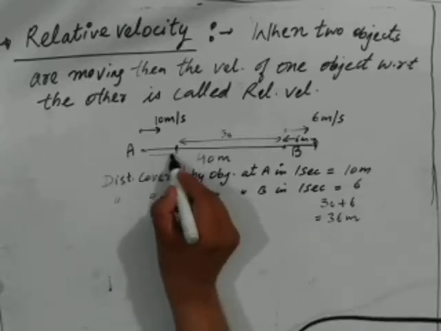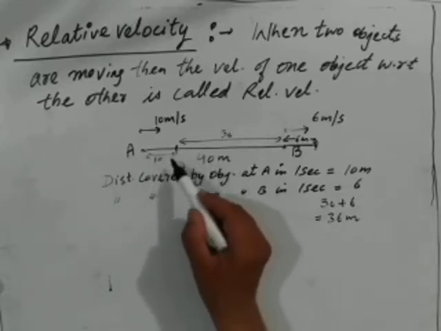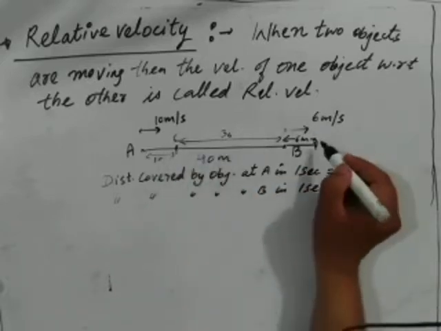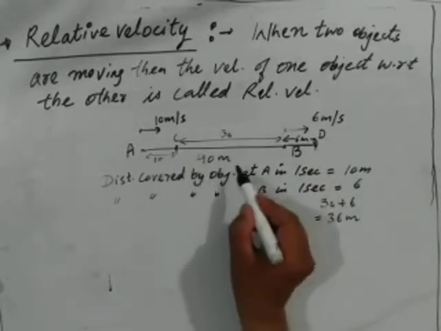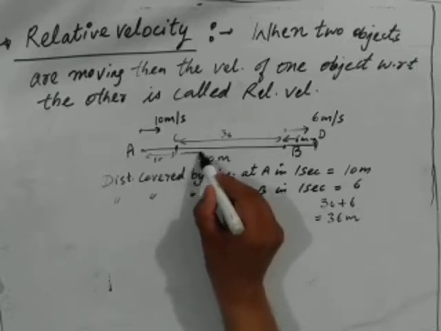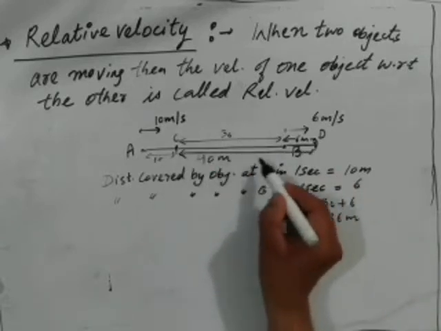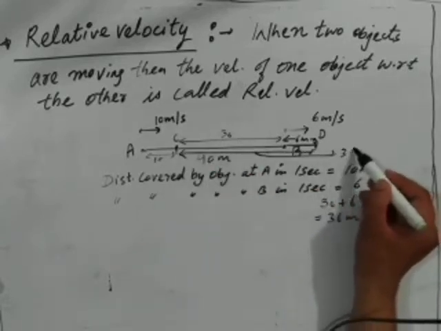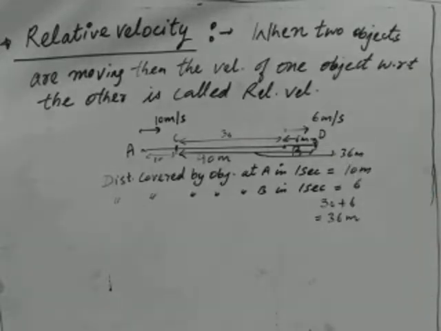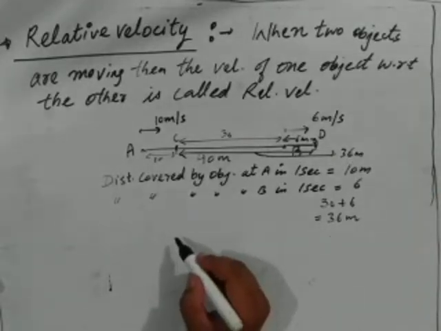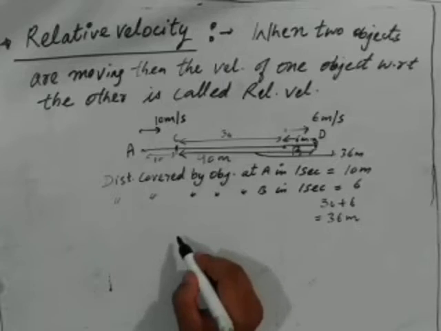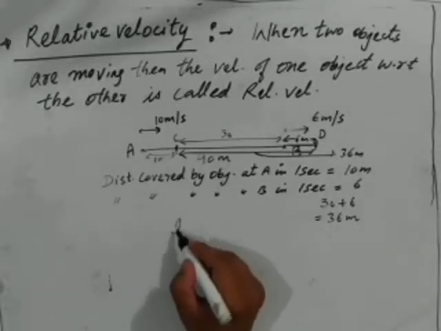So the gap left between these two ends, C and D, is total 36 meters. So in 1 second they have reduced a distance of 4 meters.